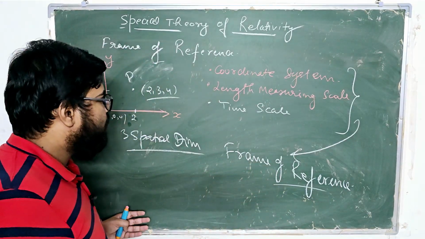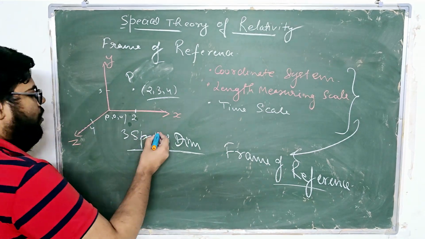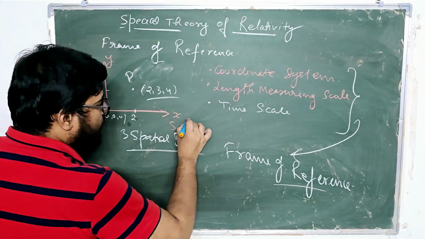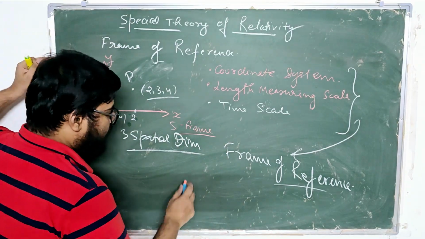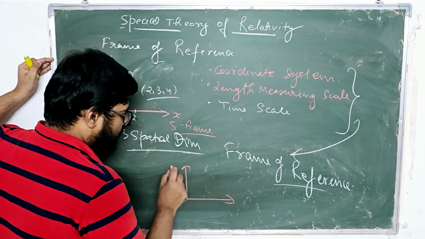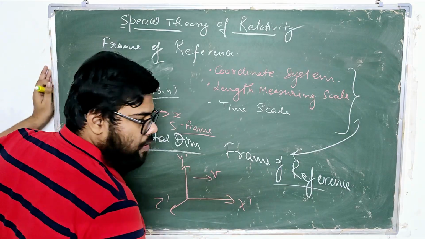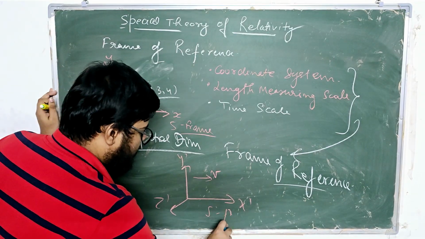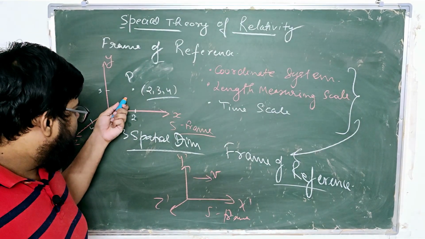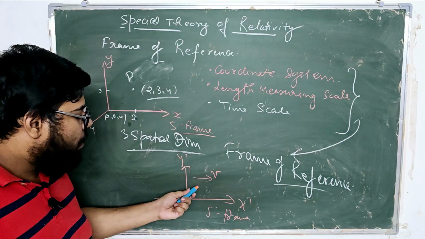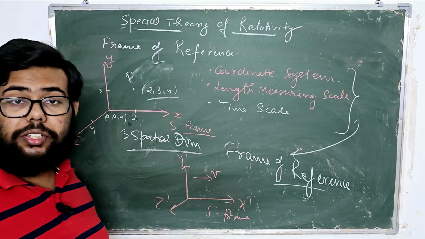Basically a frame, right? Now suppose this frame, we call it the S frame. And suppose there is another frame, X dash, Y dash, Z dash, moving at a velocity v. This is the S dash frame. So this frame is moving at a constant speed, or constant velocity, I should say.